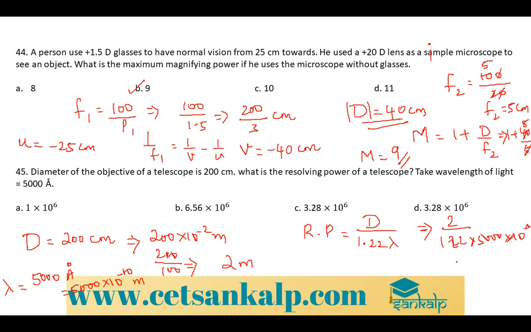When we simplify and solve this, we get 0.28 into 10 to the power 6. So option C will be your correct answer.